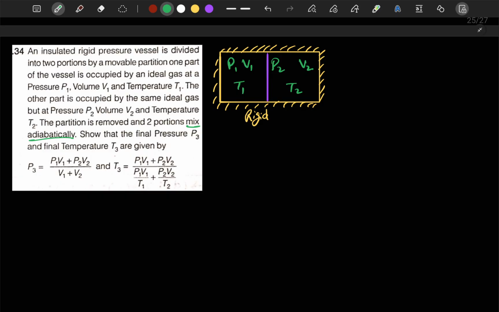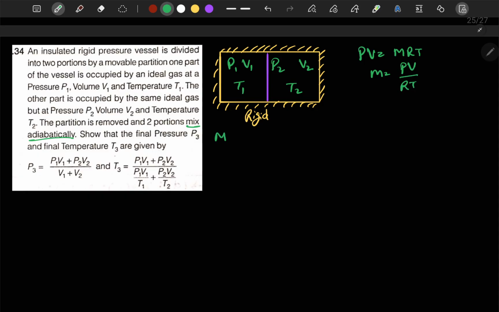So now let's start with the mass balance, mass conservation. From the ideal gas equation we see that PV is equal to mRT, so we get m is equal to PV upon RT.